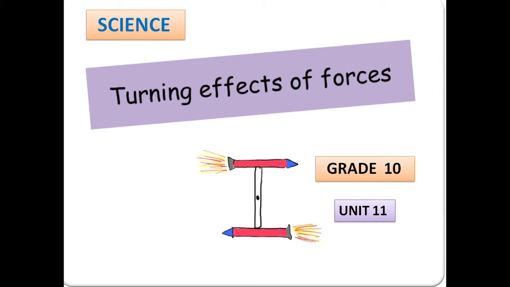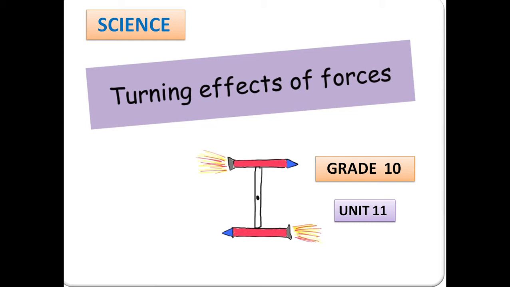What are they? We have seen that by applying forces on an object, it is possible to push. If you apply a force on an object, you can push or pull or lift the object. Similarly, it is possible to rotate.